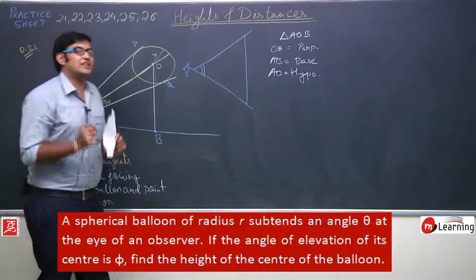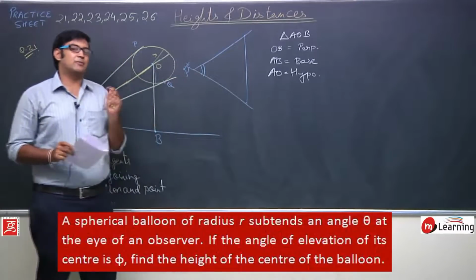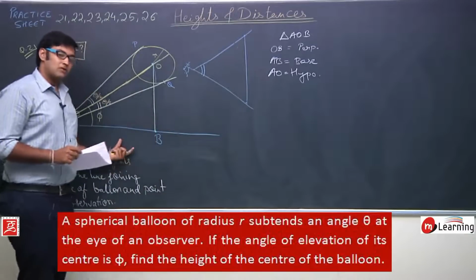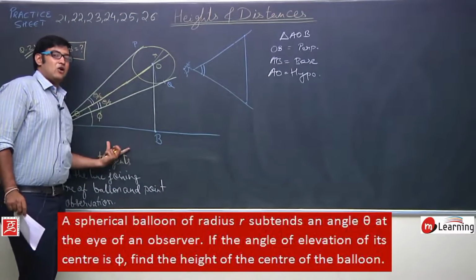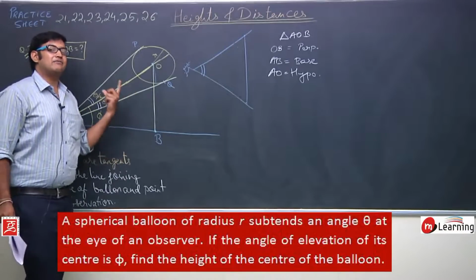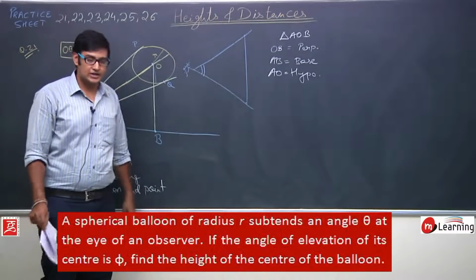Try to understand the approach. You can solve this yourself, but try to understand the way of thinking that I am applying on this question. If somehow I determine the value of AB or AO, I can very easily determine the value of OB by using the trigonometric ratios.